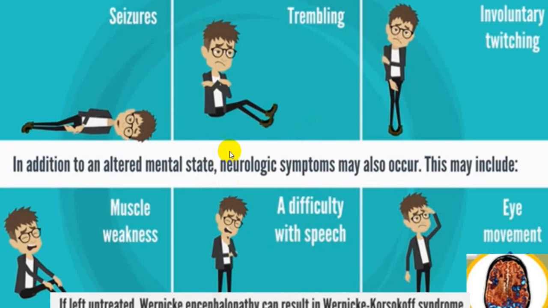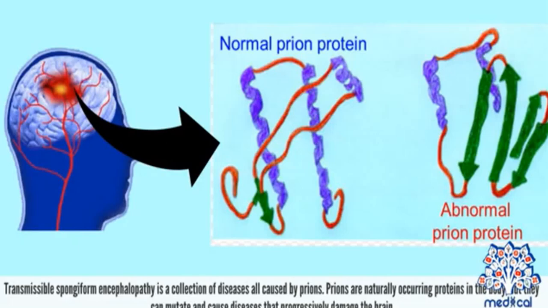A person will also have muscle weakness, difficulty in speech, and eyeball movement may be affected. If a person with Wernicke's encephalopathy is not treated early and completely, the person can end up in Wernicke-Korsakoff syndrome, which almost becomes irreversible damage.